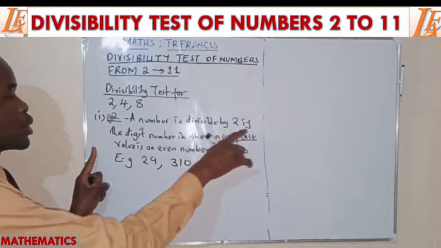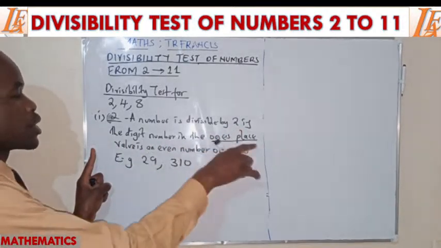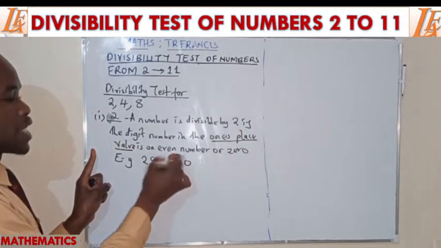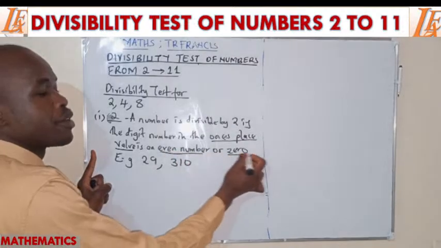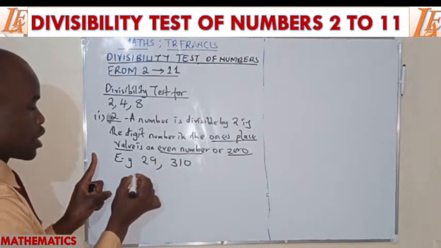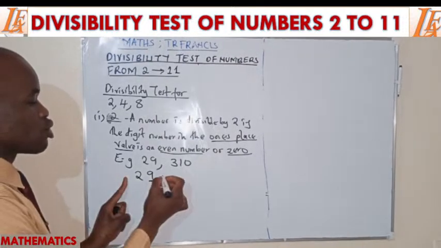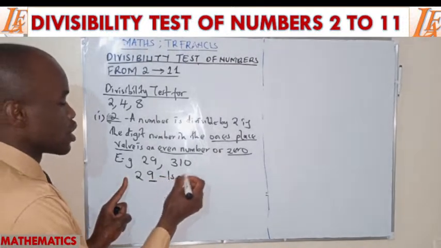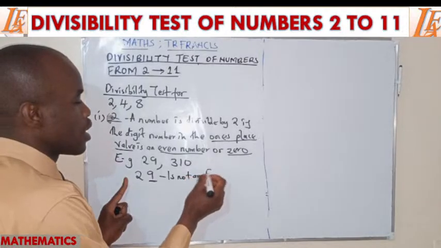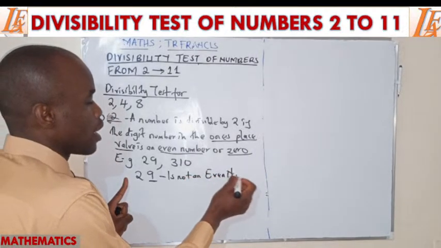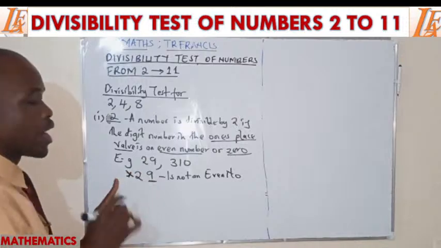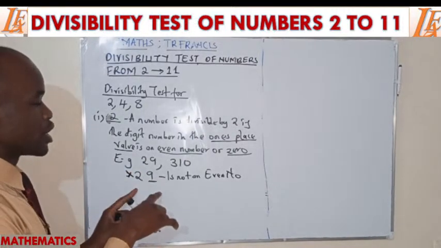A number is divisible by 2 if the digit in the ones place value is an even number or 0. If you come to 29, the number in the ones place value, 9, is not an even number. Thus, this number is not divisible by 2.